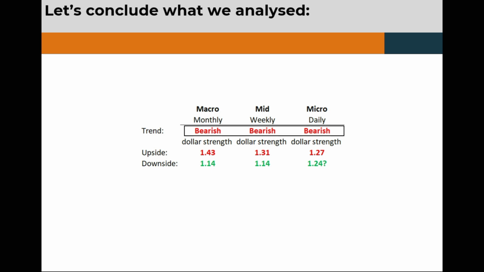But if all my time frames are indicating a bearish setup, now this analysis is becoming a high conviction call. So definitely we can see the dollar strength coming through, and you can almost foresee that if it's going to break below 1.24, it can go lower to 1.14 and so forth.